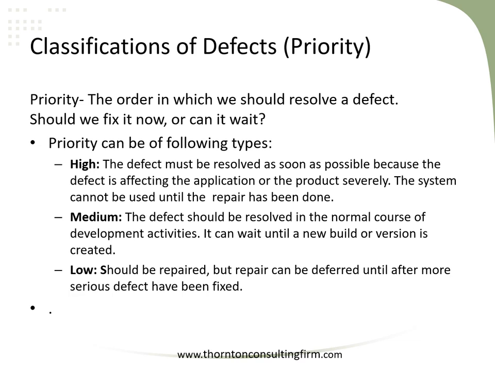So take, for example, if you have two defects with the same classification, with the same severity, but the priority is different. The defect with the highest priority would be worked on first. So here are just some examples of three. And you have high, medium, and low.